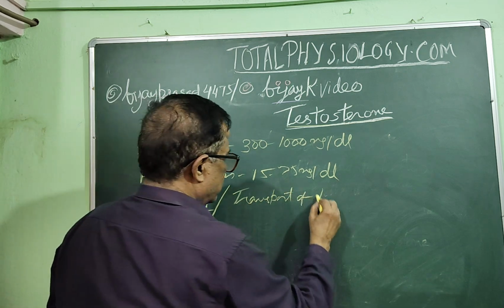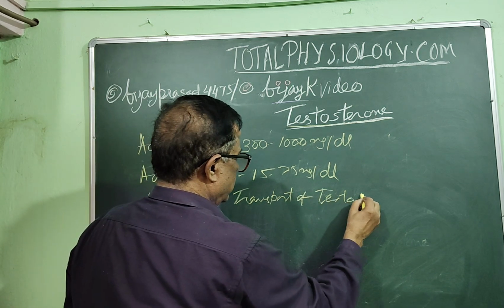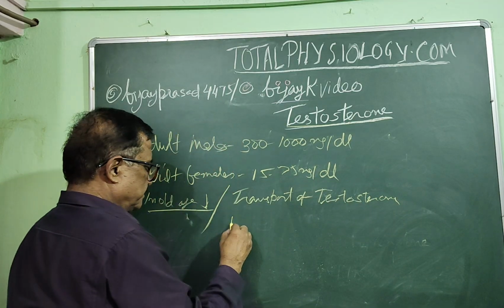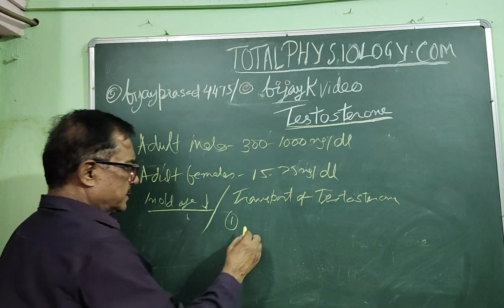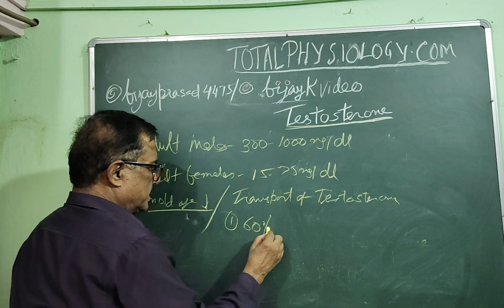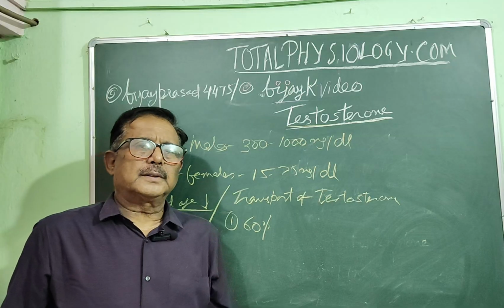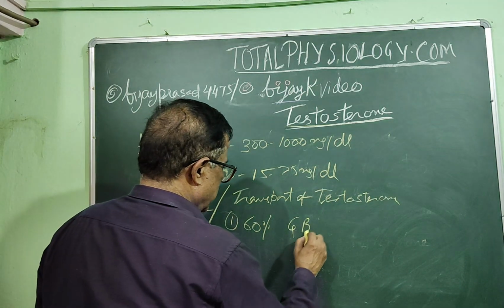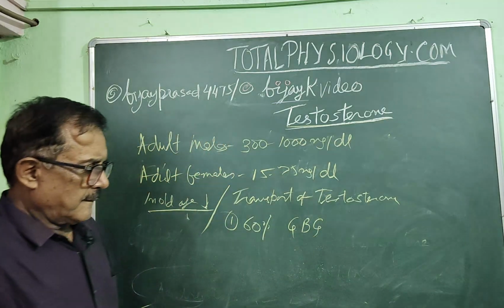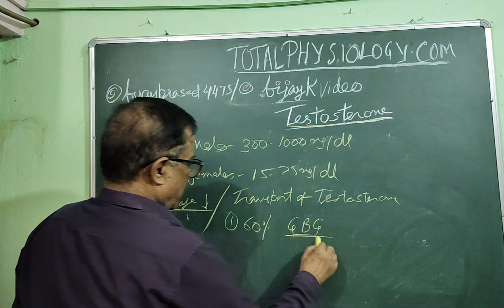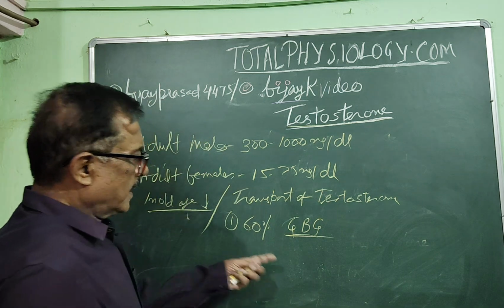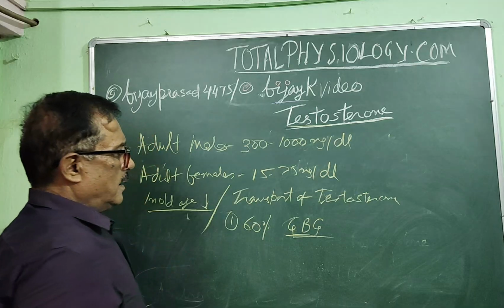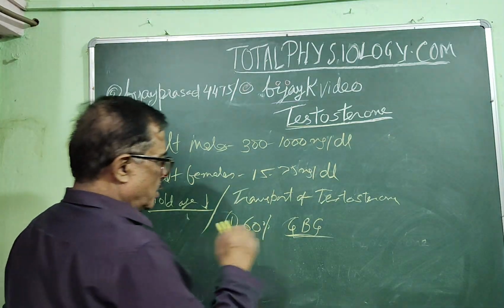Transport of testosterone: about 60% combines with gonadal steroid binding globulin, a type of globulin.